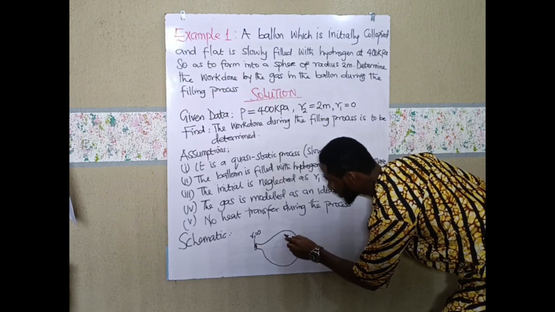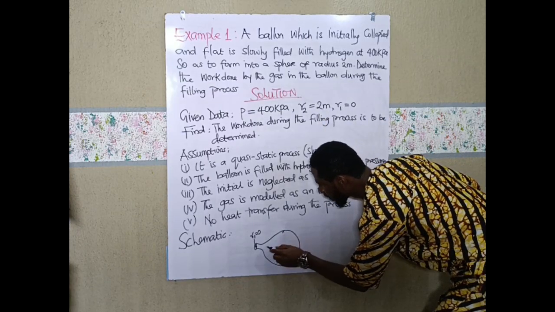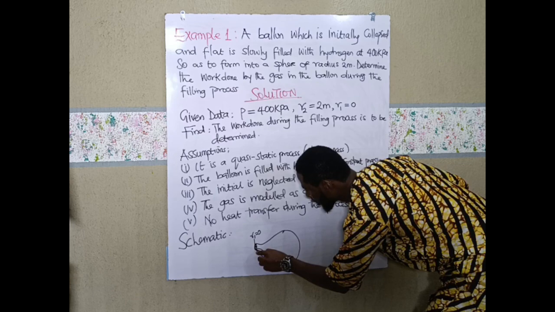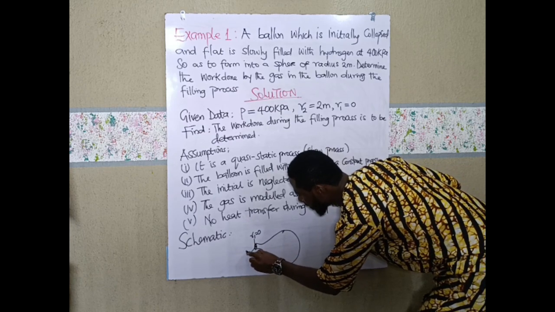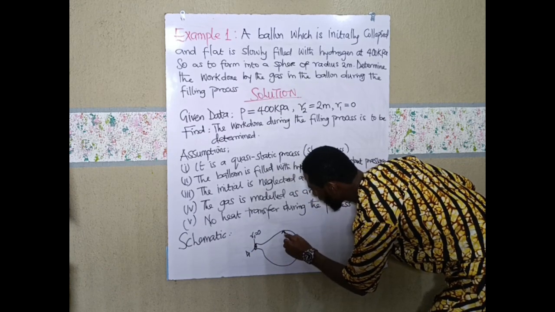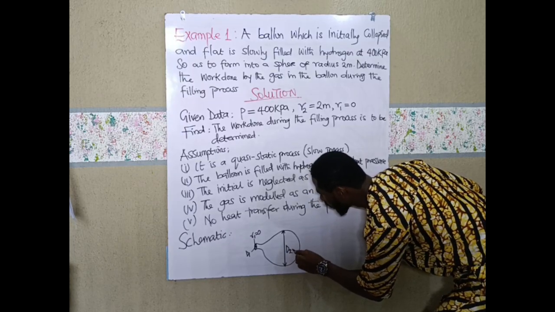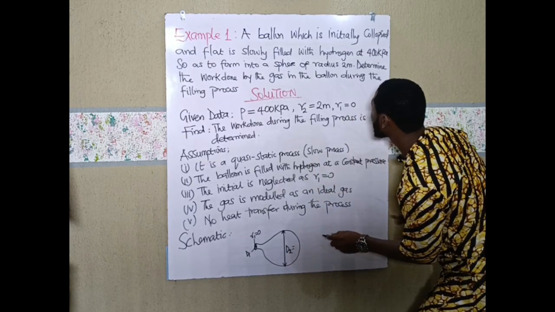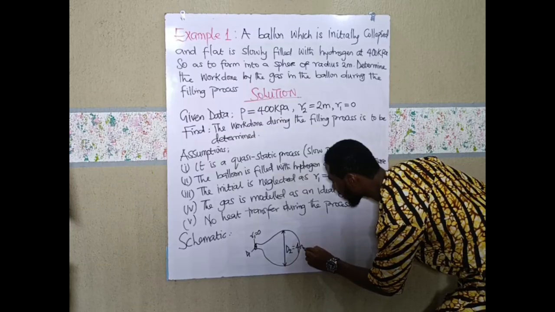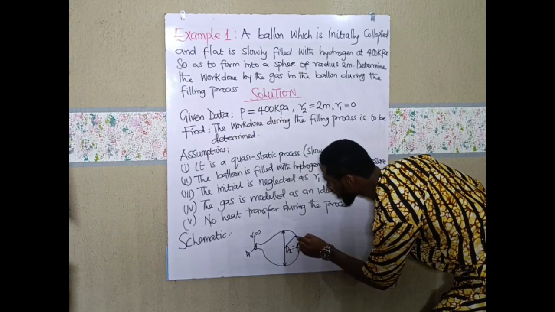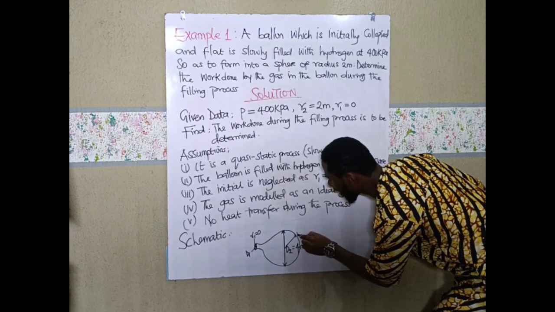Then at this point, its diameter is taken as D1. And at this point, we have D2, which is taken as 4 meter. And its radius is taken as 2 meter.